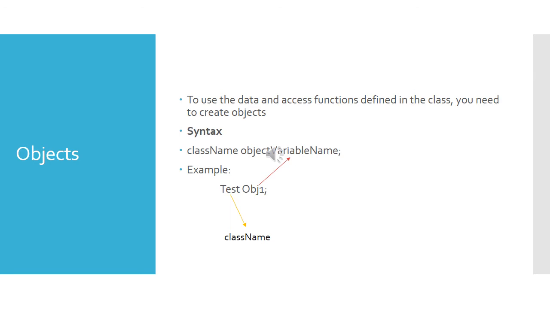To specify an object, you first write the class name followed by the object name. The object name will be an identifier, so it will follow all the rules of an identifier. So the syntax is the class name followed by the object name followed by a semicolon.